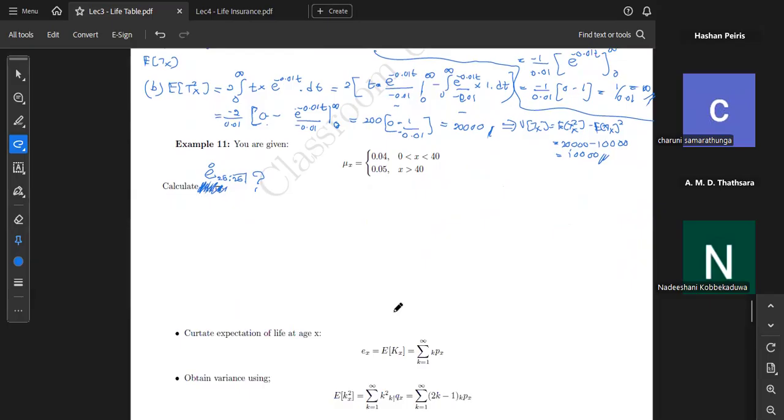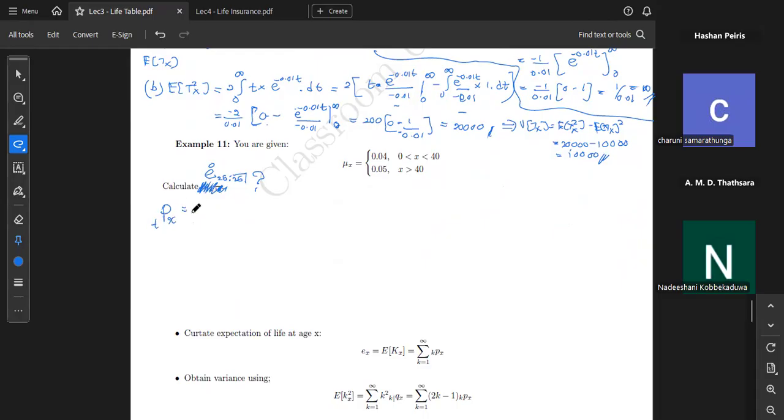But if we look at the force of mortality, it's given in the range of actual age x. That means we know that when we are given the force of mortality, we can find the survival function.